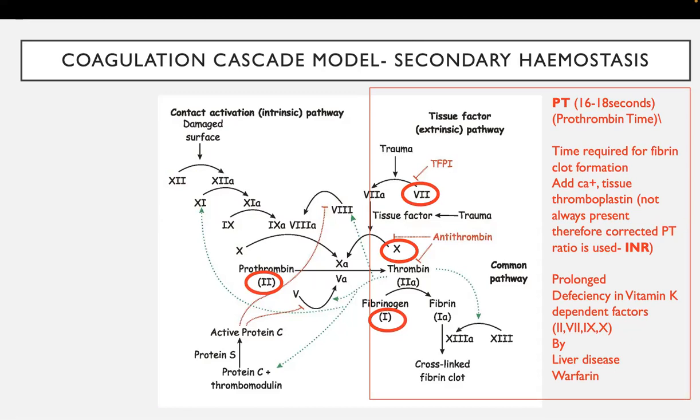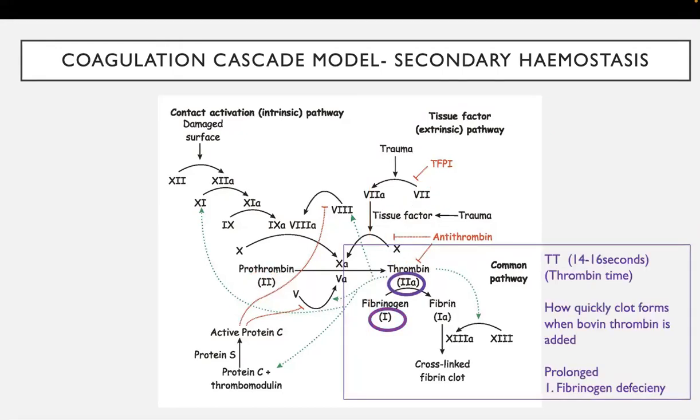But sometimes thromboplastin is not always the same across labs, so therefore they have a corrected prothrombin time, and this is where your INR comes in. So the corrected prothrombin time is your INR. If this PT is prolonged, it's either a deficiency in your vitamin K dependent factors, a warfarin overdose, or liver disease.